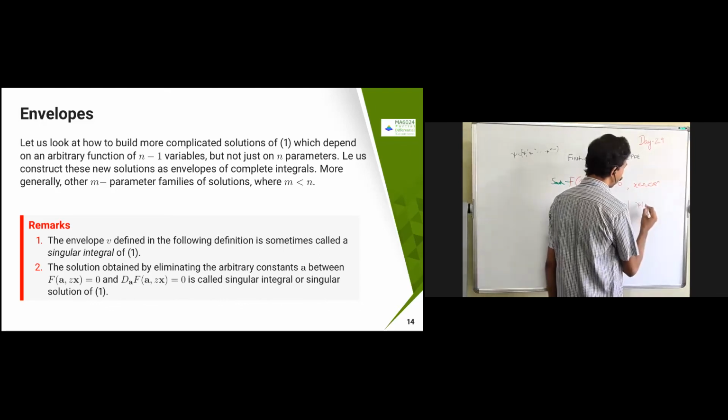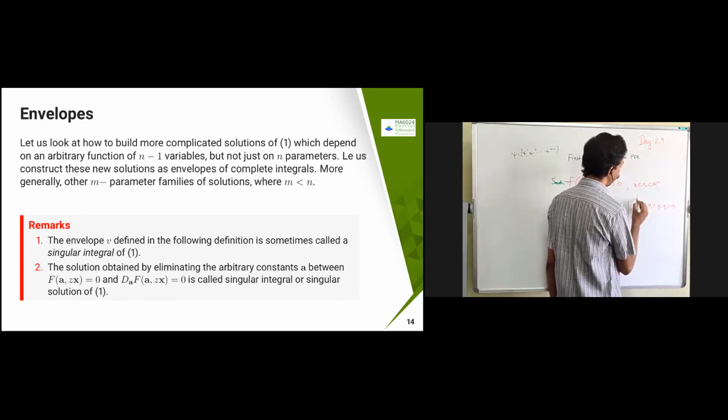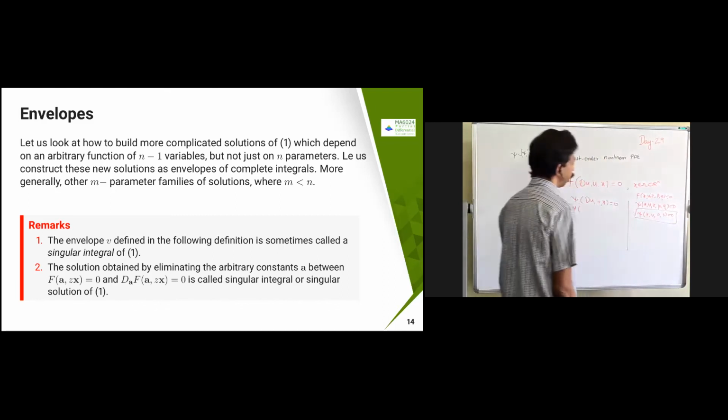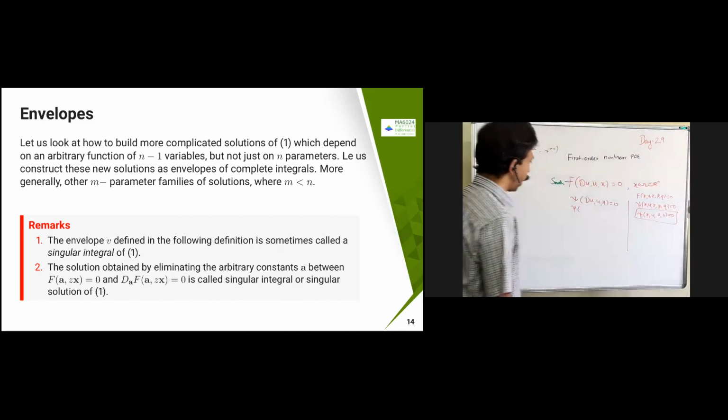I have psi of x, y, z, p, q equal to 0, so f of x, y, z, p, q. Correspondingly, I have this equation. So in this case, I can find psi of x, y, z, a, b equal to 0.